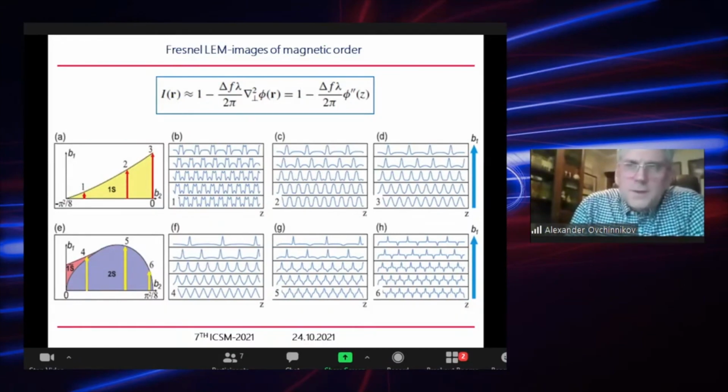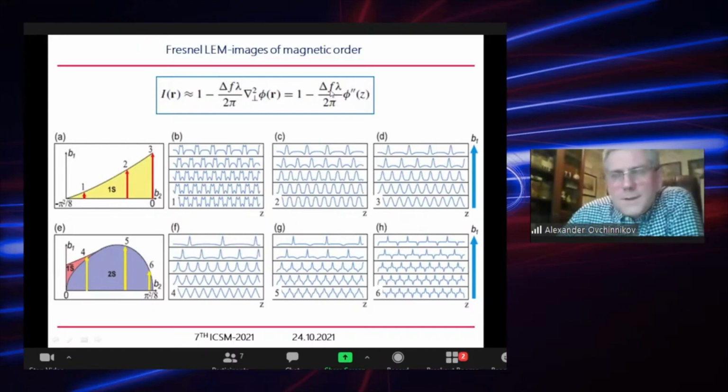To analyze magnetic arrangement at the nanoscale, it's convenient to use the so-called Fresnel technique. It operates with the second derivative of the magnetic phase shift. This expression was derived in the original paper of one of our co-authors, Stephen McVitie, more than 20 years ago.